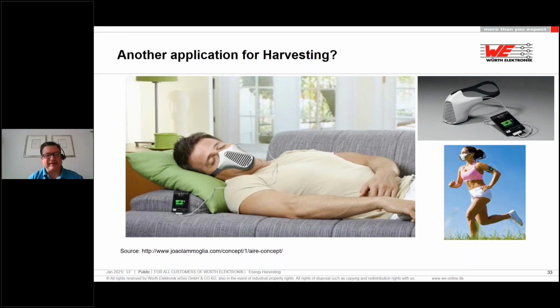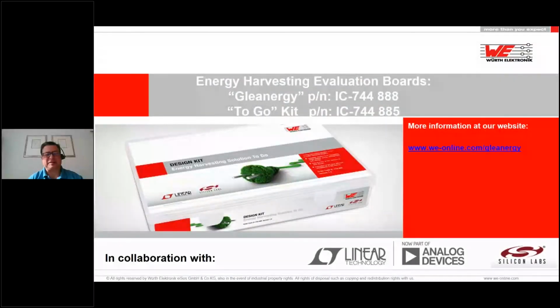Yeah, if you have any other question about energy harvesting, please contact us. We have these different design kits. One is Energy Harvesting To Go, using solar cells, TEG, and piezo harvester. You can try that with a very simple method. This is without an RF chip inside, but using a Giant Gecko from Silicon Labs, very low power in standby mode.